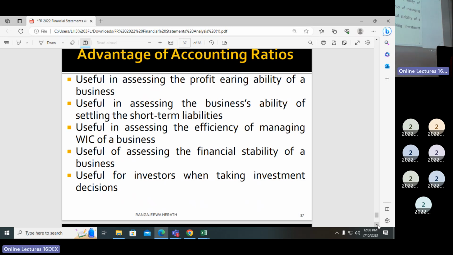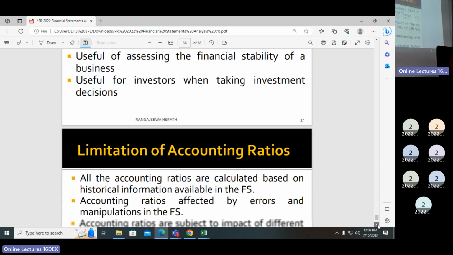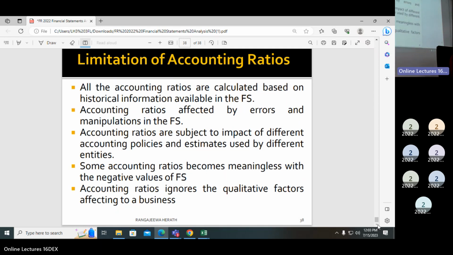Then you should know what are the major limitations of accounting ratios. Some of these limitations are the limitation of the financial statement, because these accounting ratios are calculated based on the financial statements. So financial statements have some inherent limitations. Those limitations will be applicable for ratios as well.